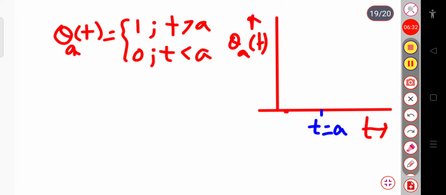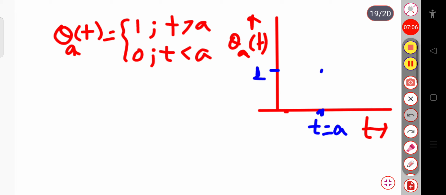Here from this function, that is theta a of t, you can see when the value t will be greater than a, when t will lie at this point towards the right, then this value will be equal to 1. It means that suppose this point is 1, that is theta a of t is equal to 1 at this point, t equal to a, at this point its value will be 1, and after that its value will remain always 1. That means towards this line its value will be always equal to 1.